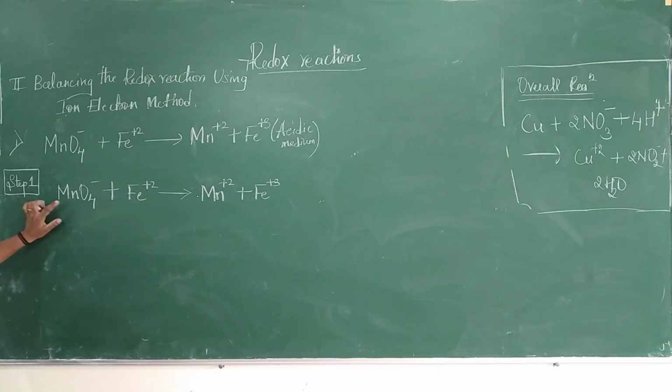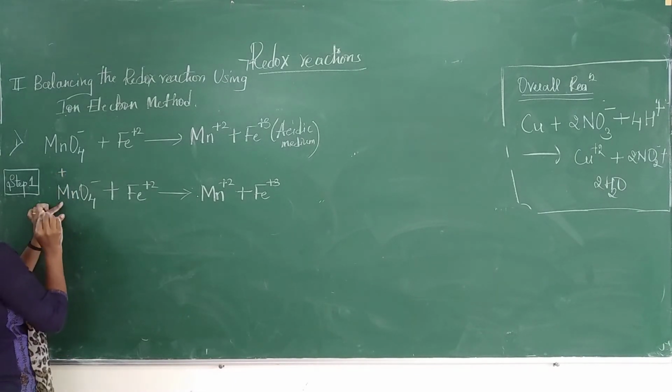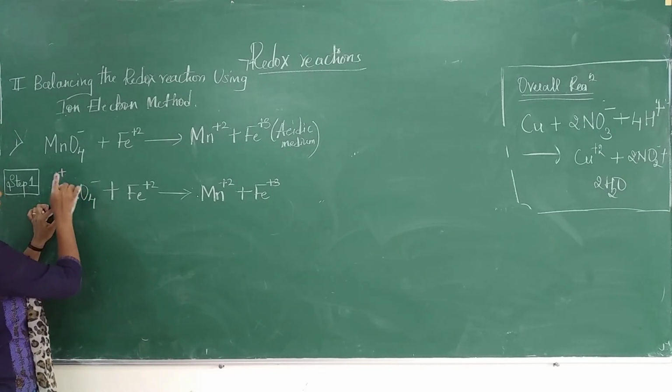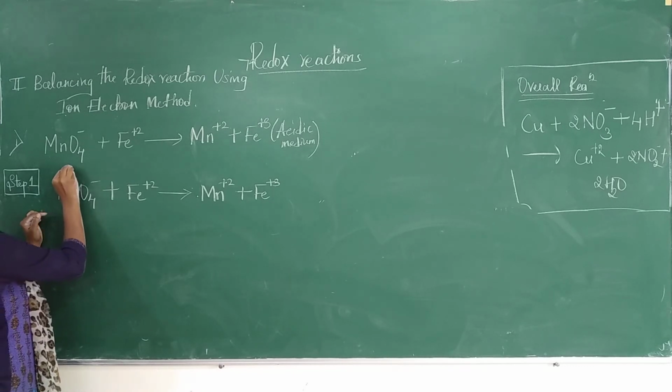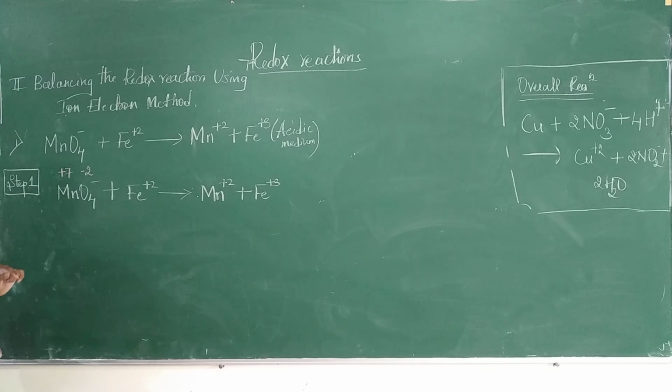Mn plus 7. Why is it plus 5? Minus 2 into 4 it is minus 8, 8 minus 1 it will be plus 7. Mn plus 7, oxygen minus 2.